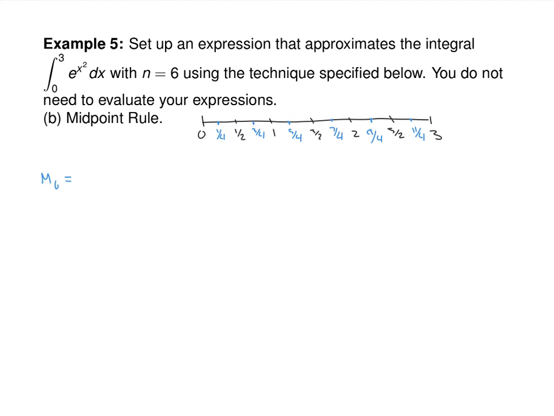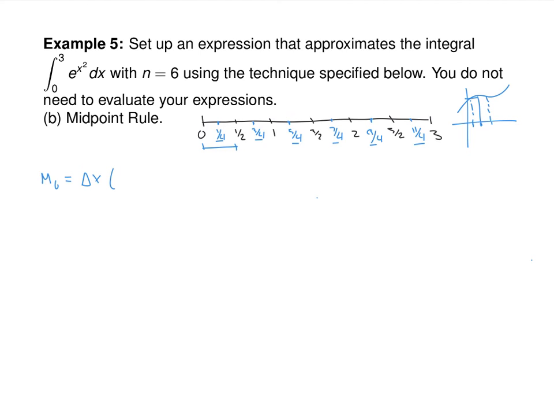In this case, all we do is we find the width of each box multiplied by the height of each box. Well, the width of each box is still delta x, or 1/2. And then we plug the middle points into the function. And the advantage that this method has is, say, that is your middle point.